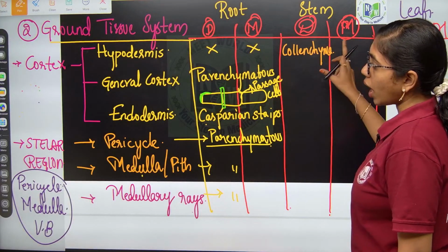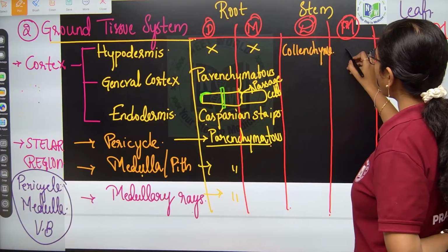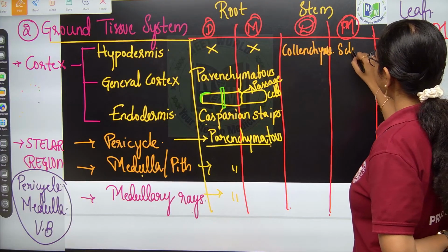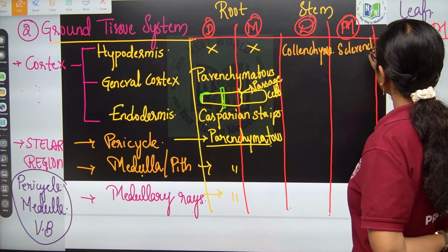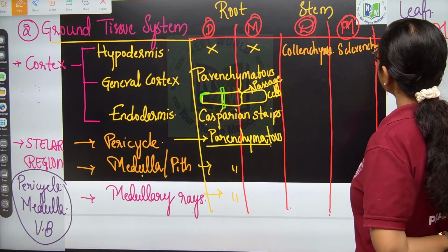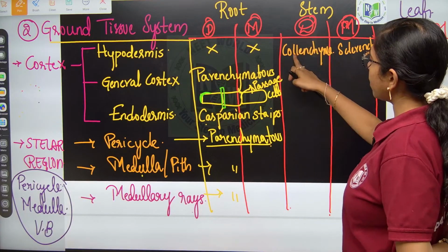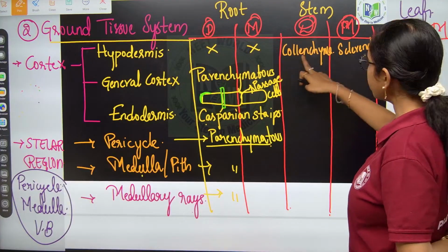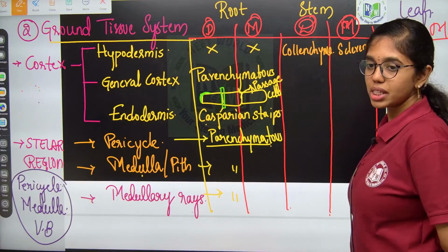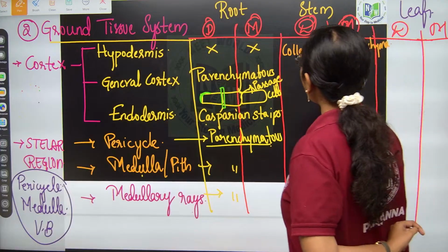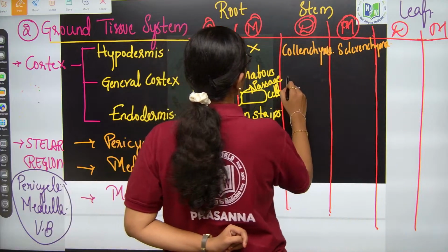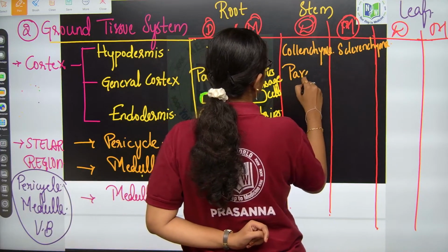In the cortex, the hypodermis in monocot is sclerenchymatous. In dicot stem, hypodermis is collenchymatous; in monocot stem, hypodermis is sclerenchymatous. General cortex in dicot and monocot is parenchymatous.